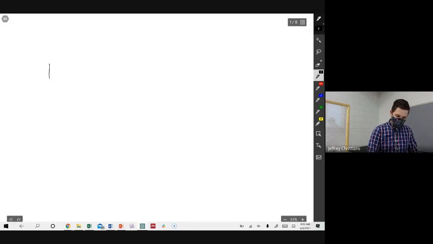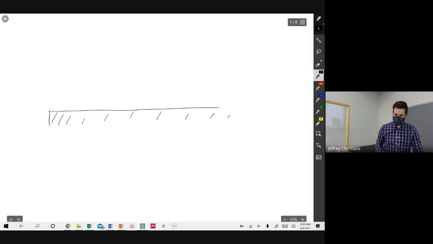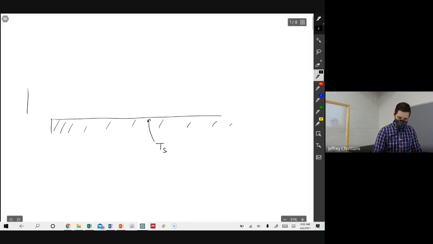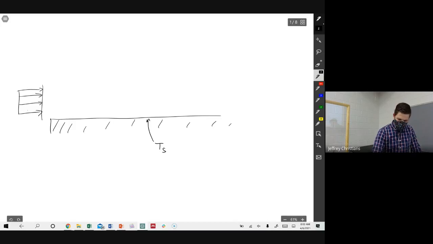So the first thing, just to remind ourselves what we were talking about: we've been talking about how to find, for a simplified case like this, where we have a flat plate at some constant temperature Ts, and flowing over this plate some gas which is at T infinity and U infinity, some initial temperature and initial velocity.